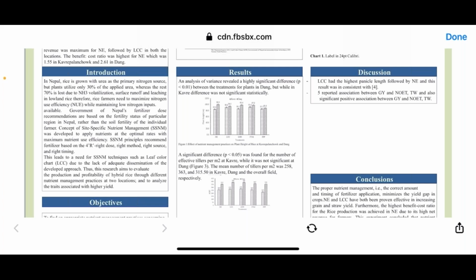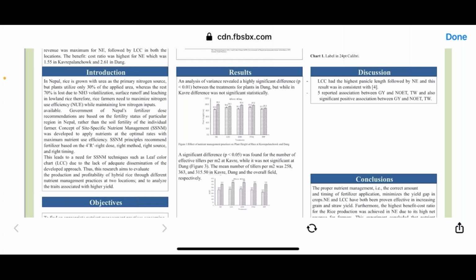And here the lowest yield was obtained in farmer field practice and government recommendation dose, which were 5.13 ton per hectare and 5.20 ton per hectare respectively, statistically at par with farm manure.